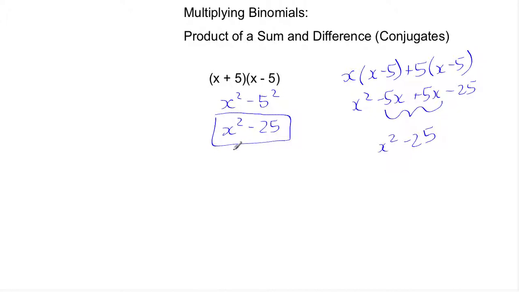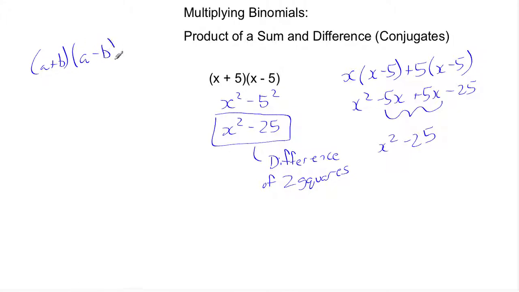That's it. This is called a difference of 2 squares. Generally, what this looks like is if I have a plus b times a minus b, this multiplies to a squared minus b squared.